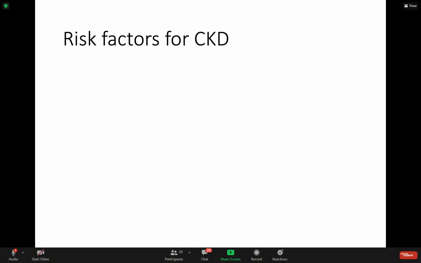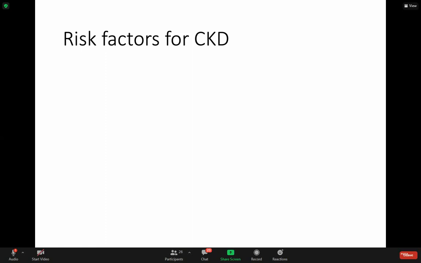Okay, can anyone tell me what are the risk factors for chronic kidney disease? Diabetes, right.